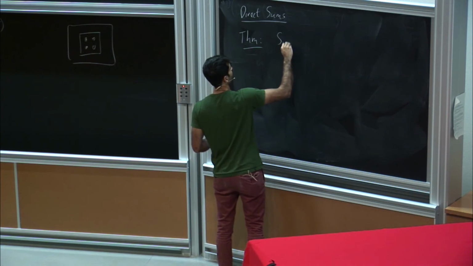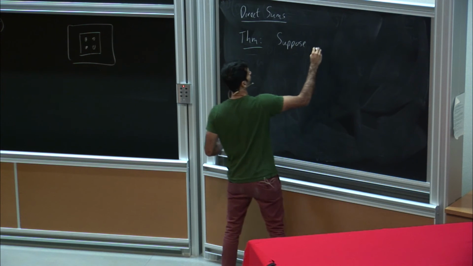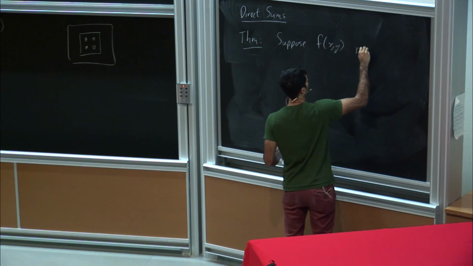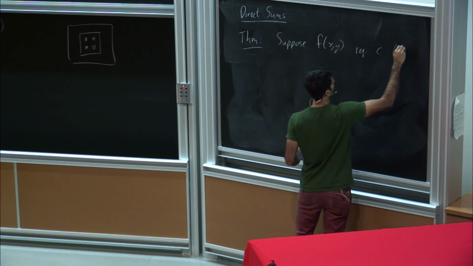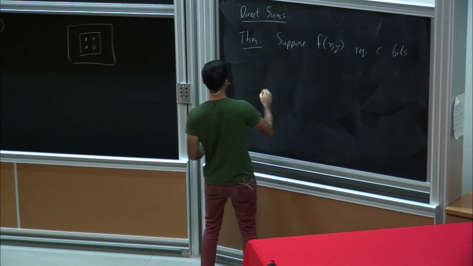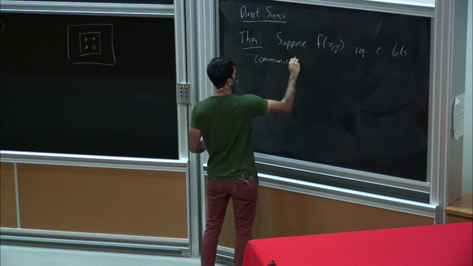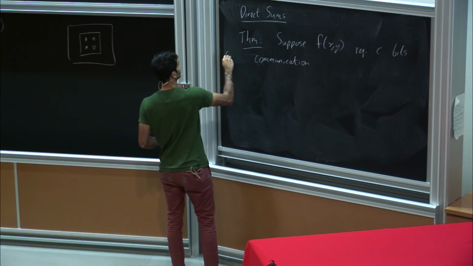The theorem says, suppose f of x,y requires C bits of communication in the randomized setting.